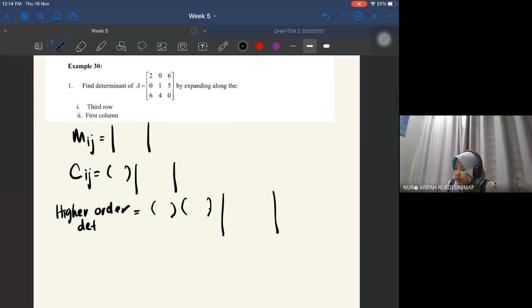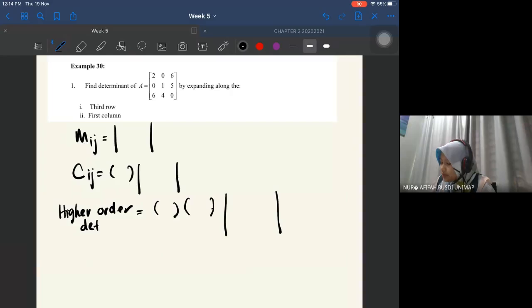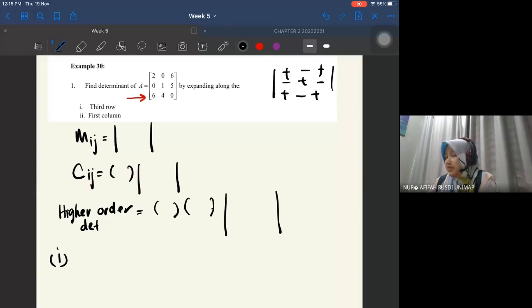So let's consider the first example here. You were asked to expand along the third row, so you are using this row. Apa yang saya buat, like I explained before, saya akan terus buat simple dulu, plus minus, sebab untuk cofactor, saya tak menggunakan formula negative 1 to the power of i plus j.